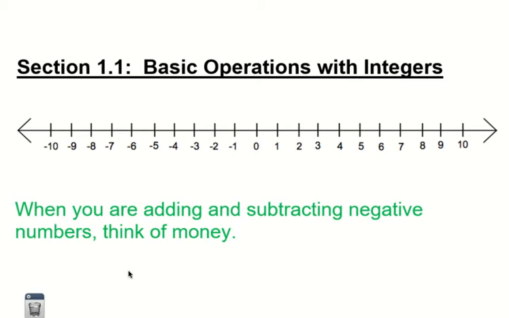So when you are adding and subtracting, here we go. It says here, when you are adding and subtracting negative numbers, think of money. When you're subtracting something, think of it as losing money. If you have $50 and you're subtracting $20, then you're losing $20.